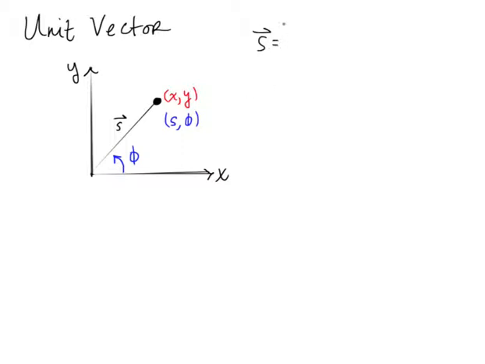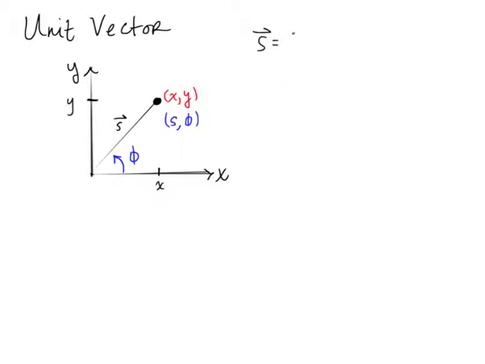We've already defined s in Cartesian as some x in the x direction plus some y in the y direction.